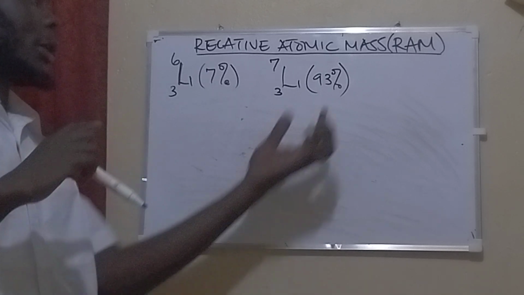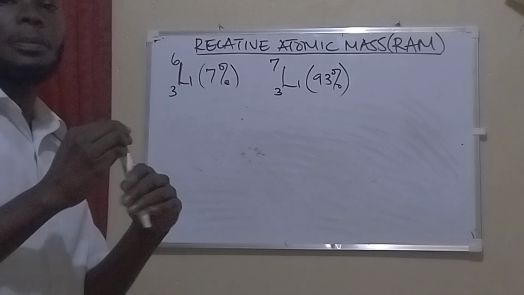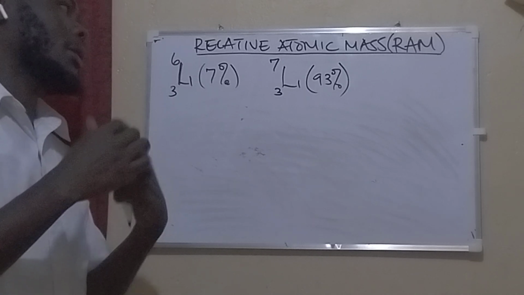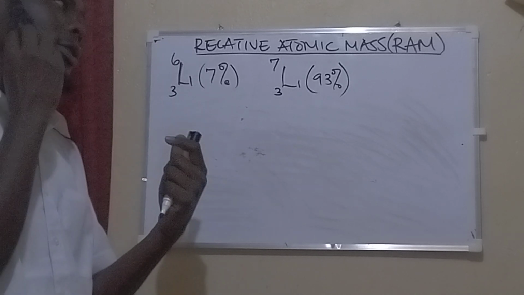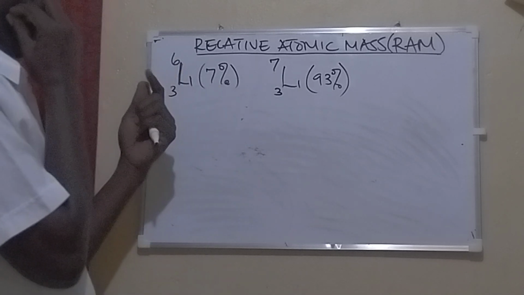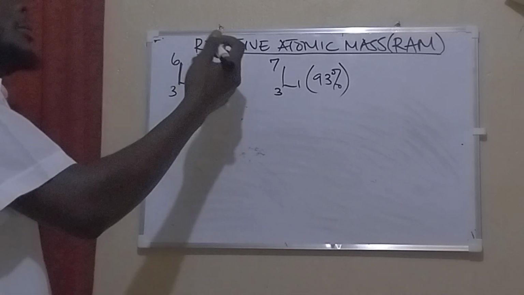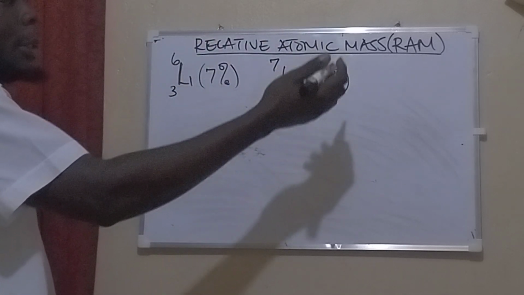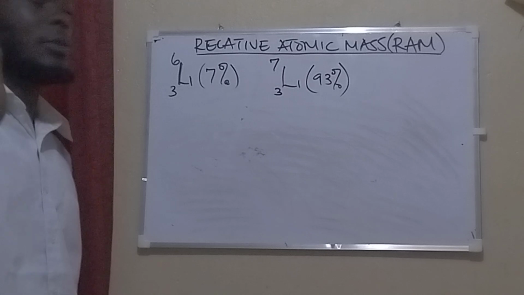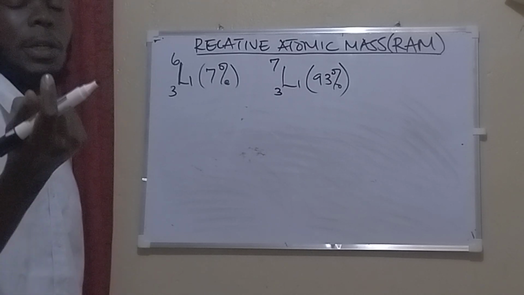So the only way we can measure its mass is when we do a comparison. Usually you'll find that in some textbooks, when they say relative atomic mass, they compare the mass of an atom to the mass of one atom of hydrogen.